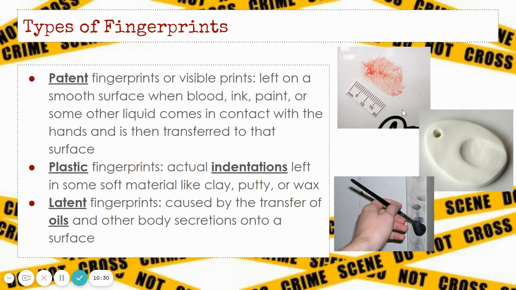Like this blood fingerprint right here, we can see that without any additional dusting or anything like that. There are also plastic fingerprints. Plastic fingerprints are actual indentations left in some sort of soft material. It could be clay, putty, wax, mud, something like this over here. You can see there's a fingerprint left in this soft material. That is a plastic fingerprint.